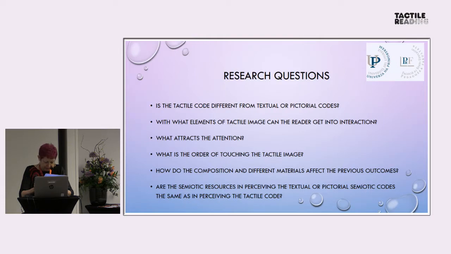How do the composition and the different materials affect the previous outcomes? Are the semiotic resources in perceiving the textual or pictorial semiotic codes the same as in perceiving the tactile code? Today I will answer only the first four questions. The investigation is at the very beginning.